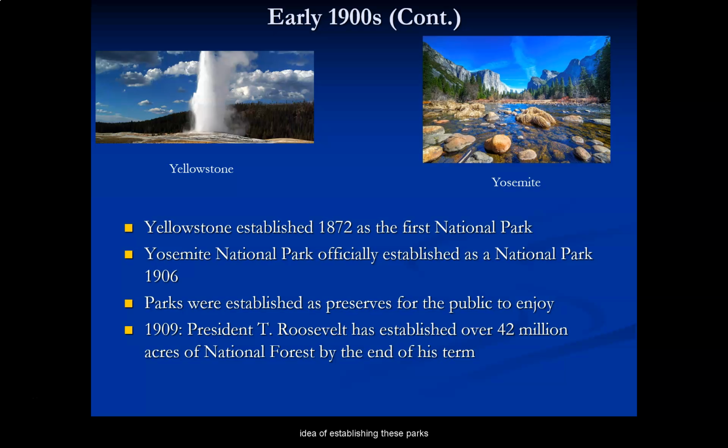The idea of these parks was to preserve the land for the public to enjoy for future generations. In 1909, President Theodore Roosevelt established over 42 million acres of national forest by the end of his term. And again, this was due to individuals realizing that land was starting to disappear.